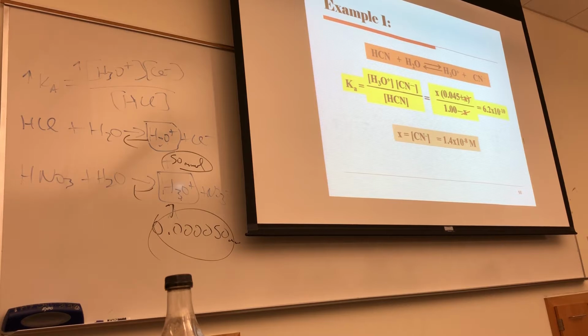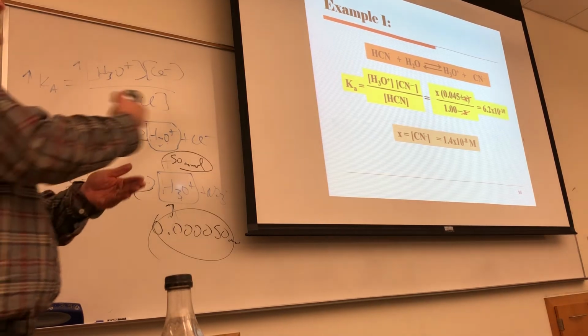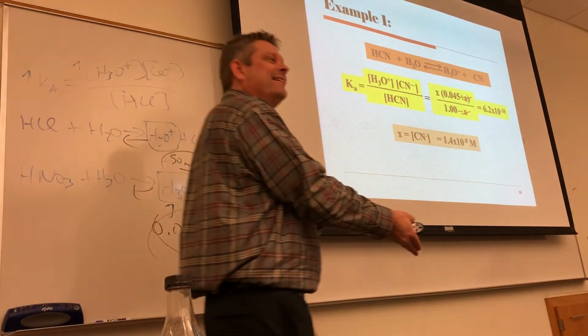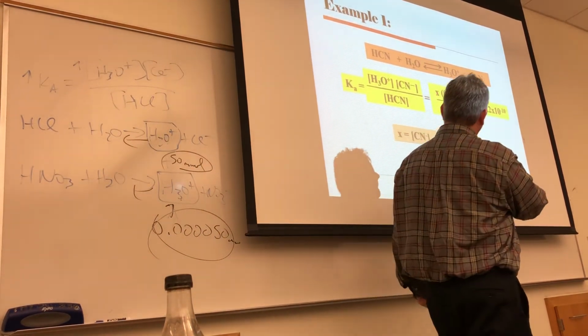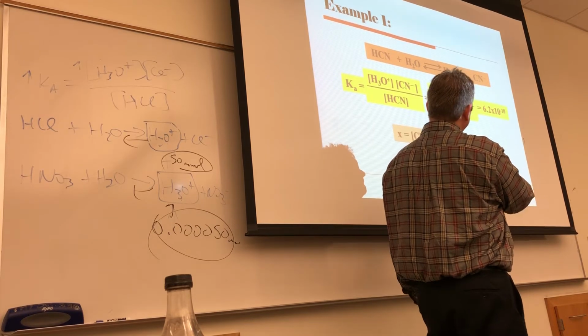So this is the concentration of cyanide. And is it small? Yeah. Is that what you would expect? Absolutely, because it's the weaker weak acid. Very little is dissociating. So this is exactly what you would expect. A very, very small number. By the way, if I put this back in here, is this going to have any effect on that?